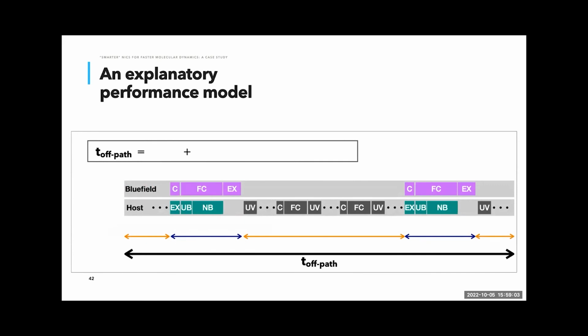We use this measured value to estimate the runtime of the off-path algorithm. Again, the predicted time denoted by T off-path has two parts. One part is the time spent on the neighboring step.